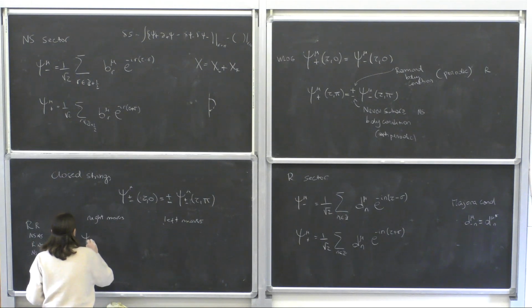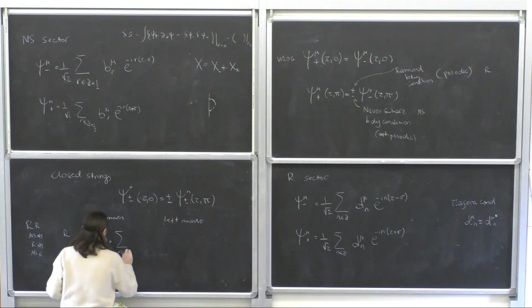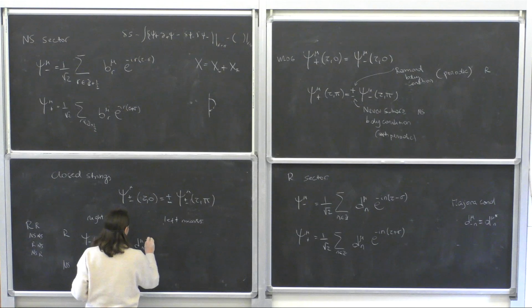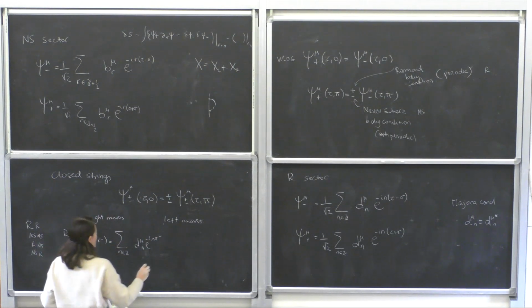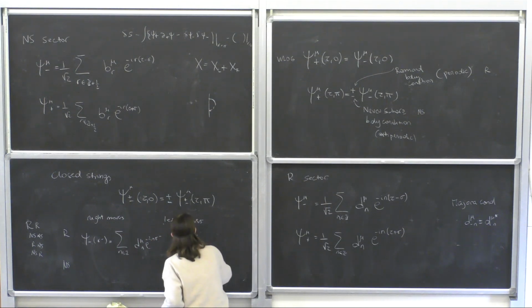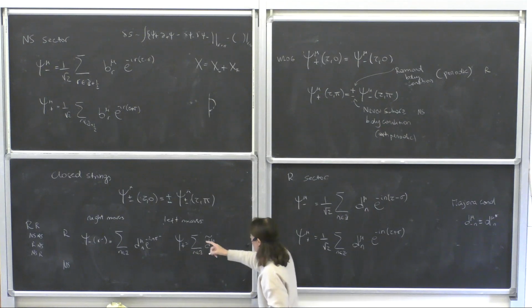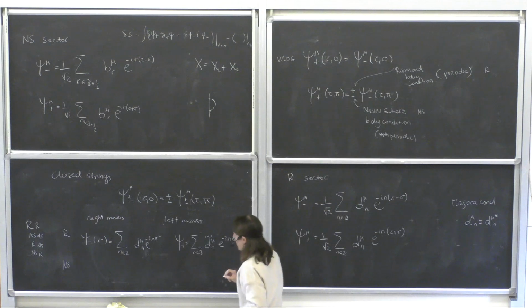And so psi minus, that depends on sigma minus, is the sum over n of d mu n e to the minus 2in sigma minus. And this is psi plus, the sum over n of the d tildes, e to the minus 2in sigma plus.